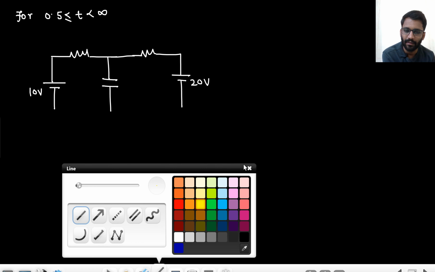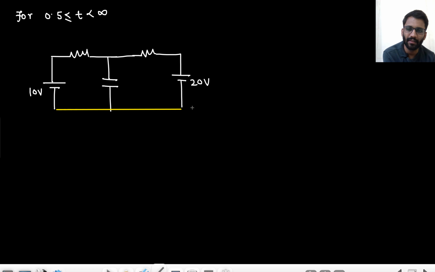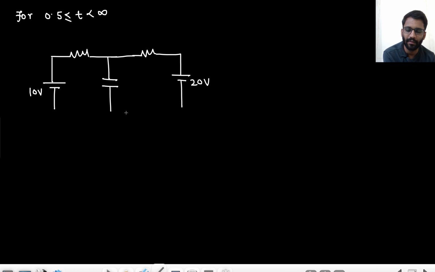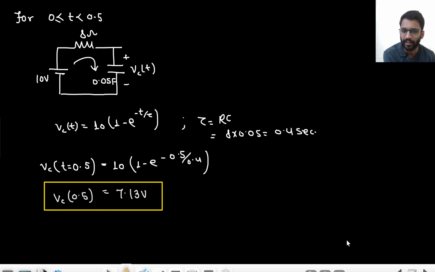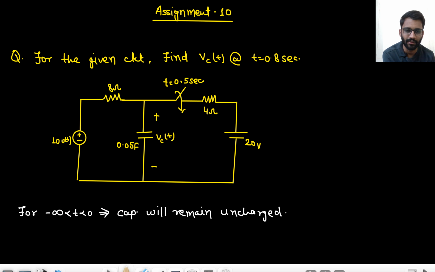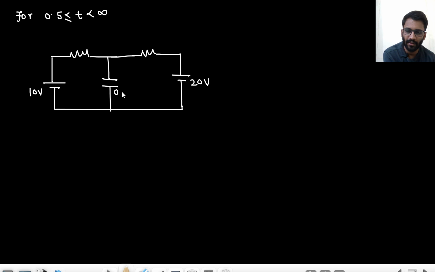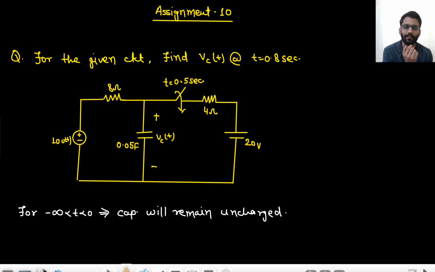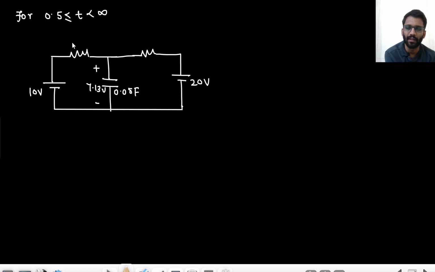This capacitor is already having 7.13 volt initial voltage, 0.05 farad, and 8 ohm and 4 ohm.